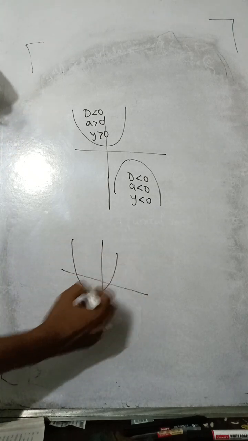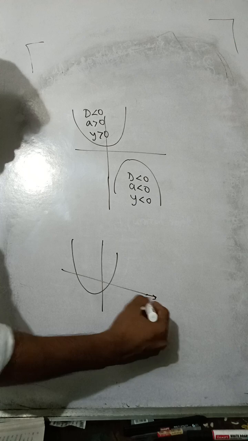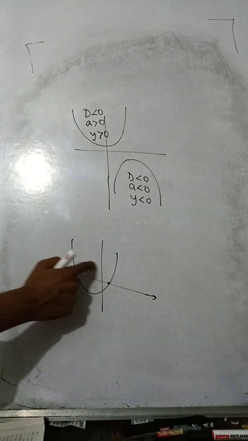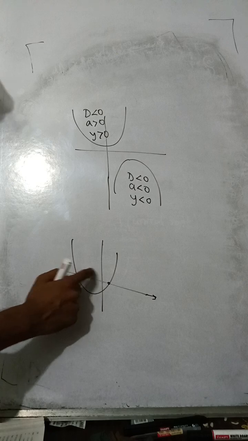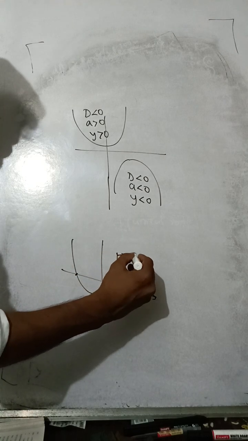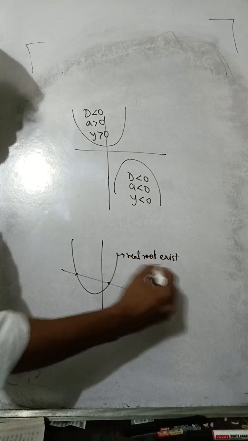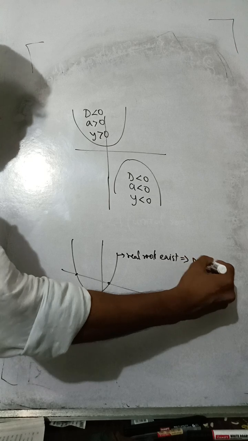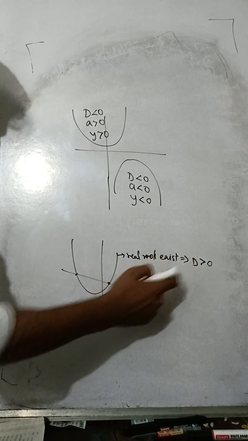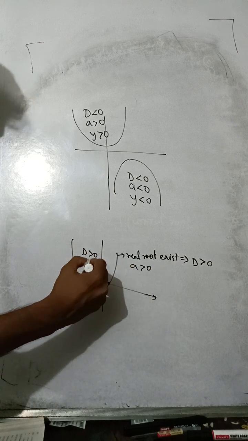Suppose a curve is something like this. Look, if a curve is something like this, then it definitely intersects the x-axis, right? Since it intersects the x-axis, it has some real roots. So we can see that real roots exist here. Real roots exist means D should be positive. Since we have two real roots, D should be positive, and a should also be positive. So D is positive here, a is also positive.